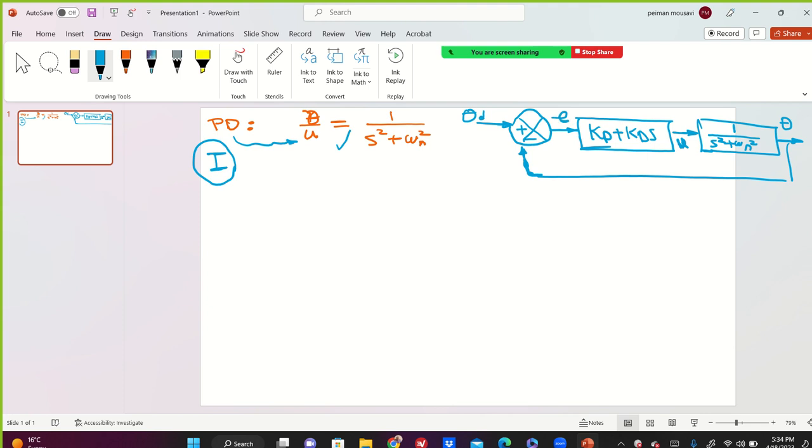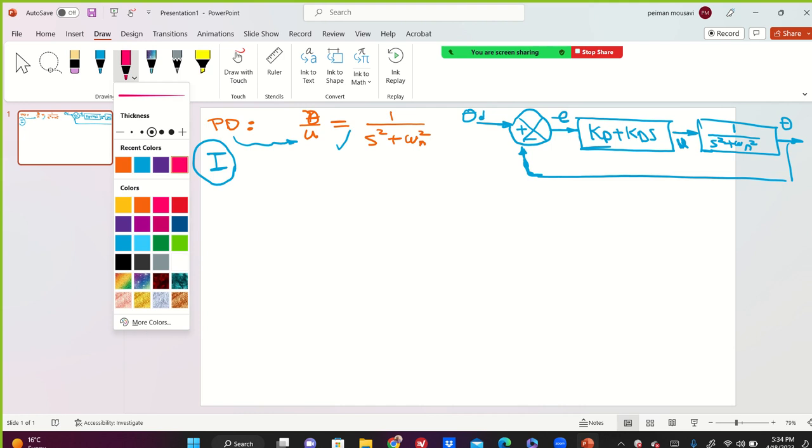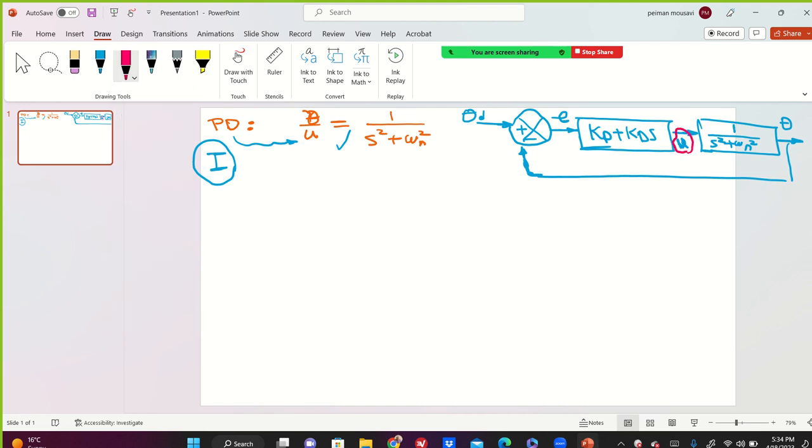And this was the tracking error. So what we did, simple in control, and after graduation you need to design this U. For the PD part, we said that U is simply Kp plus KdS in E.